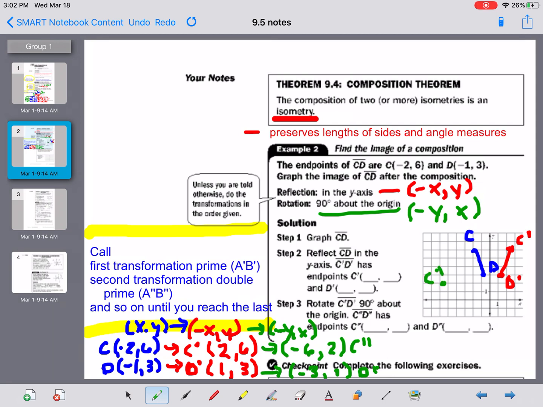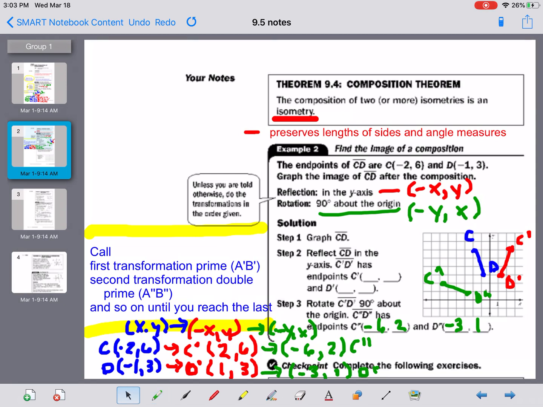And I'm going to negative 3, 1. And there's my D double prime, and I'm going to graph those together. And there's my final answer. So if someone asks again, what's my final answer? It would be these points, negative 6, 2 and negative 3, 1, because that's where I finally land after both, or my composition of my transformations.